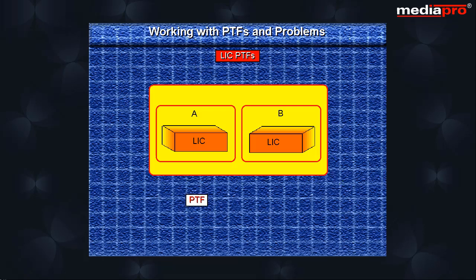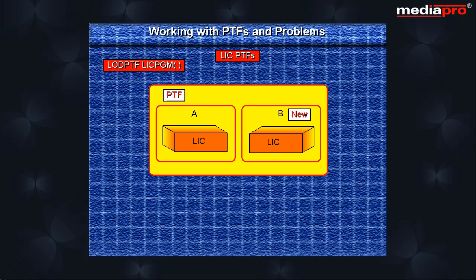The PTFs have to be loaded and applied to the licensed internal code. This has to be done on the storage area that is currently not being used. To apply a PTF temporarily, perform an IPL from the A side and then load the PTF. The next step is to apply the PTF. We should specify *TEMP on the apply parameter.